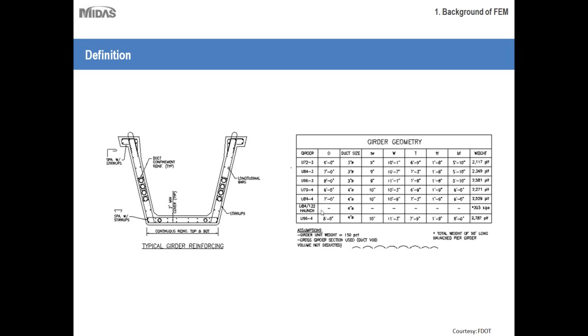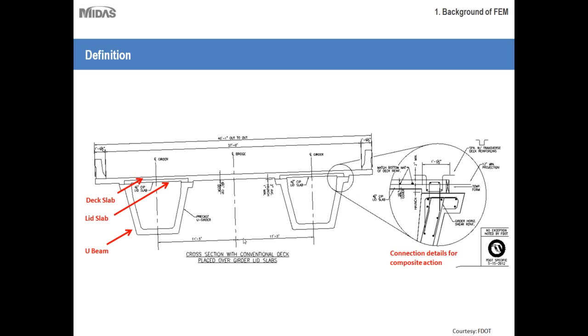And as you can see, different DOTs are giving different specifications for the type of sections that should be used in their states. So you can see some standard definitions for the sections. These beams are called U beam, U72, U64, U96, and all these different configurations are available. So they are the typical girder sections that you can start with.